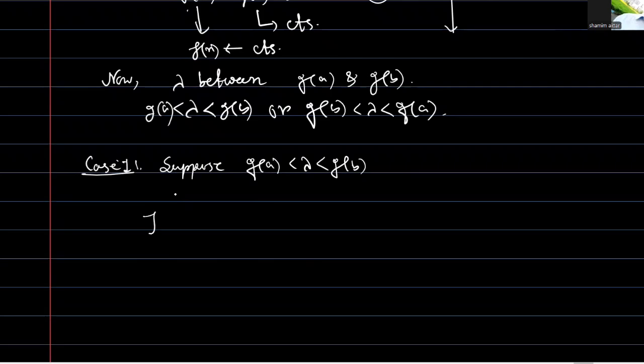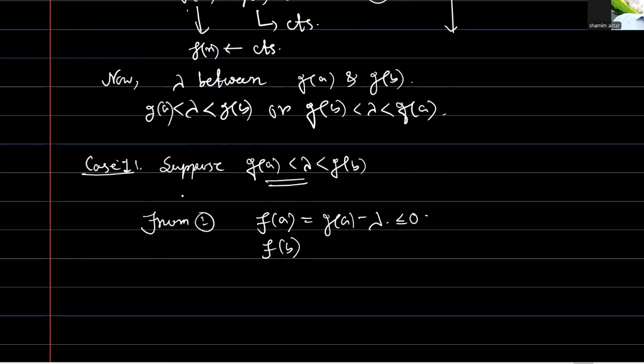From 1, the value of f of a is equal to g of a minus lambda, and this is less than or equal to 0 because lambda is greater than g of a. Now f of b is equal to g of b minus lambda, and since g of b is greater than lambda, this value is greater than or equal to 0.